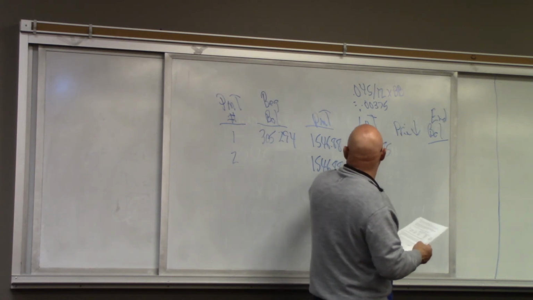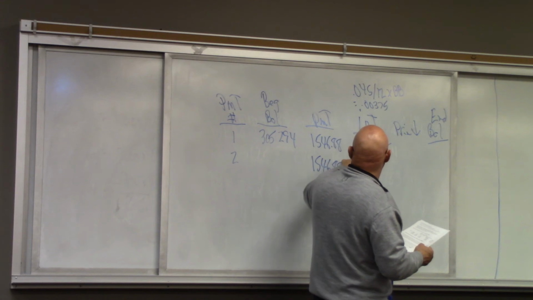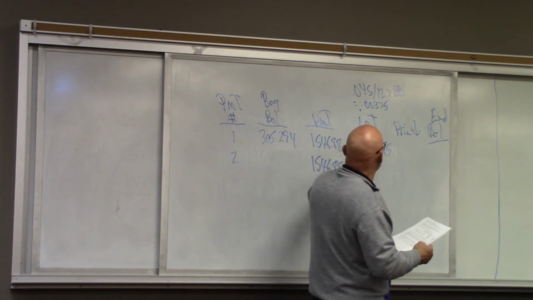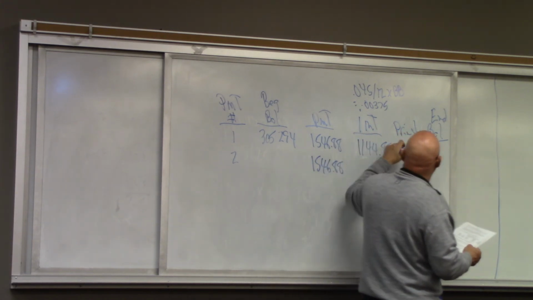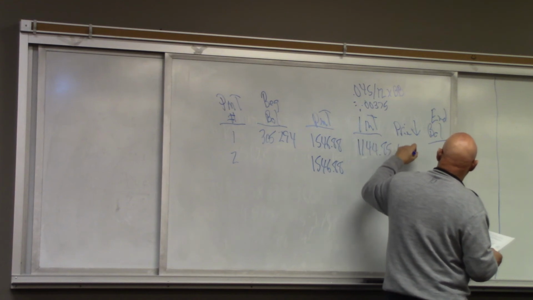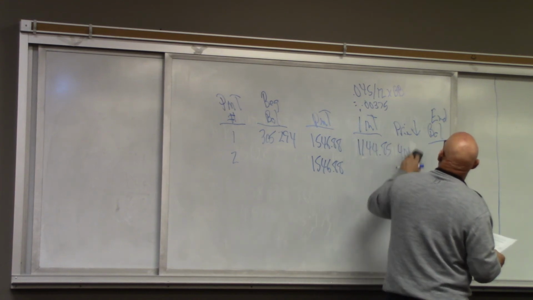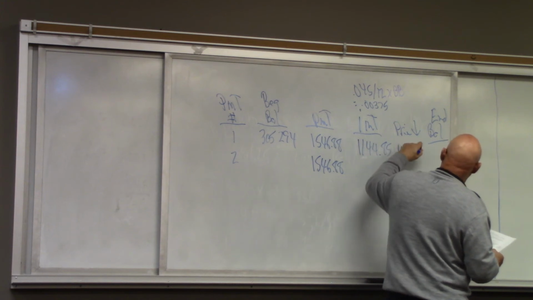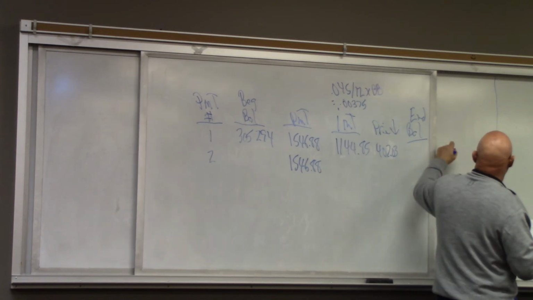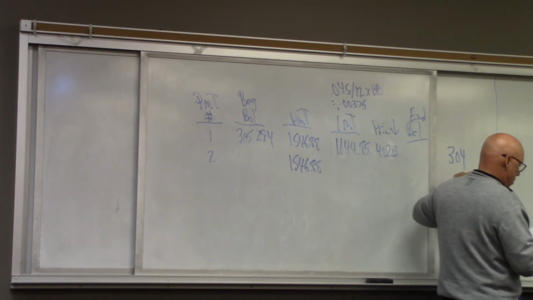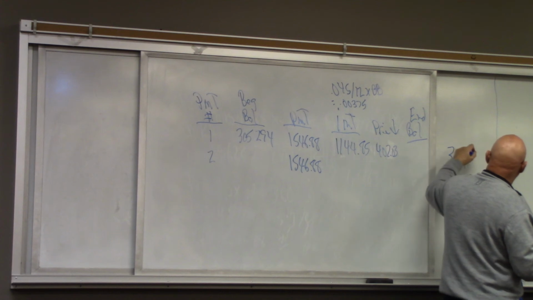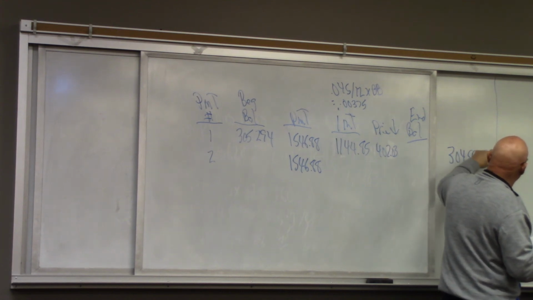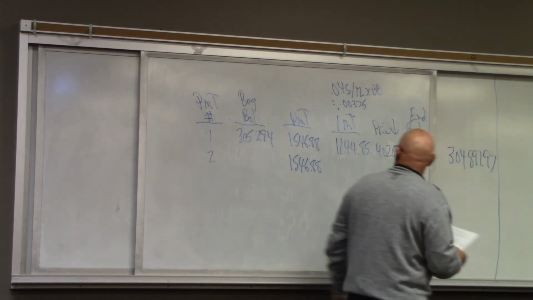And 1546.88 minus 1144.85 is 402.03. And the ending balance is 304,891.97.